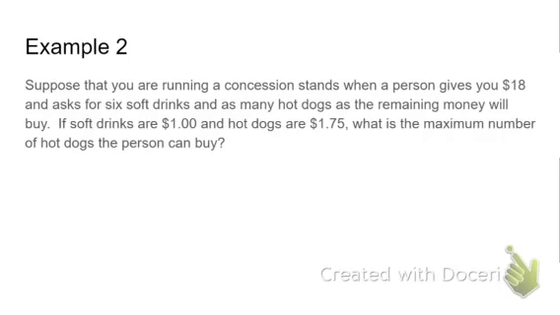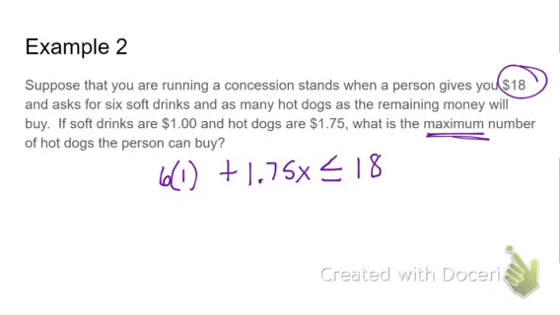Okay, so we know that we are getting 6 soft drinks and those cost $1 a piece. And we know that hot dogs are $1.75 and we don't know how many, so we're going to use x. And it says, what is the maximum? So that amount has to be less than or equal to the $18 that they gave us.